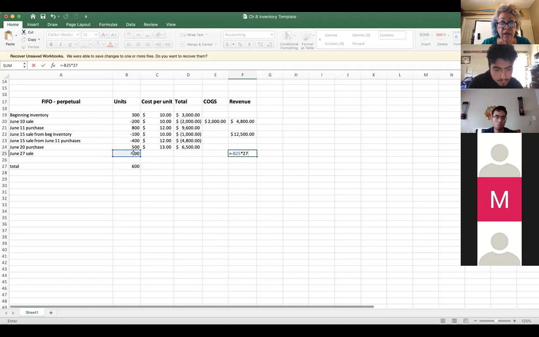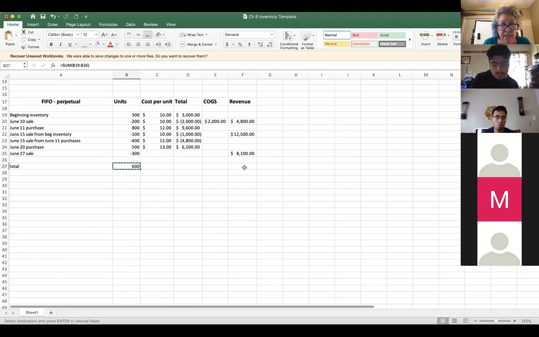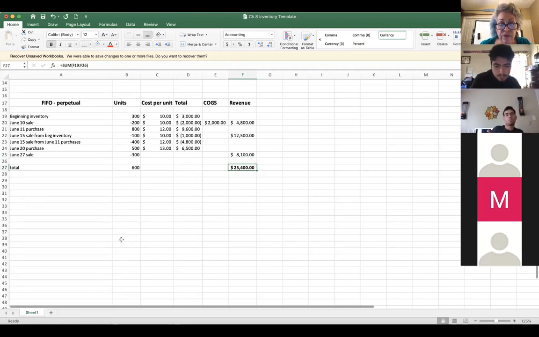Right, $27. So I have revenue of 8,100. And since that was the last sale in June, I now know that my total revenue in June is 25,400.